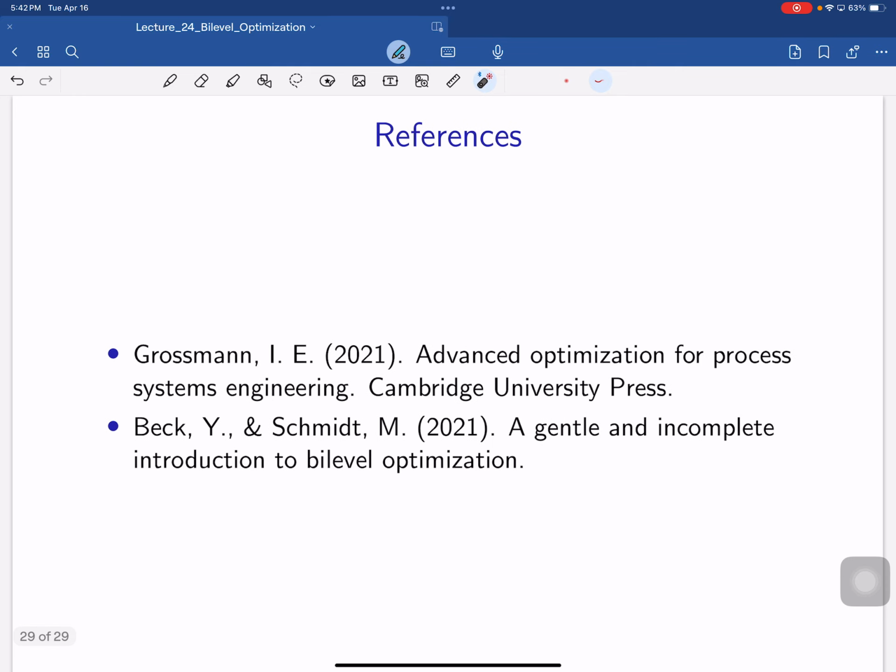Most of my notes follow from these notes here. It's called a gentle and incomplete introduction to bilevel optimization. The authors are very humble. They have some more advanced topics in this note as well. And in this textbook, there is another topic called flexibility analysis, which chemical engineers like Grossmann invented in the 70s. Some of that work actually predates what people did in robust optimization.